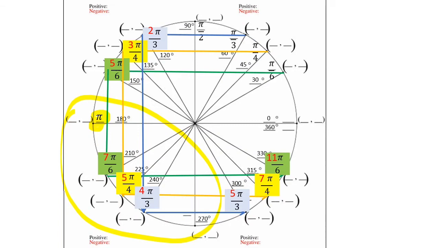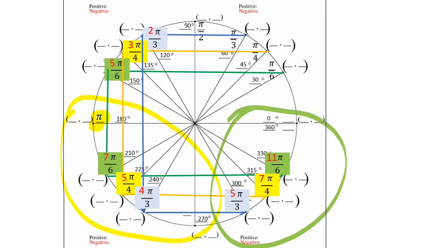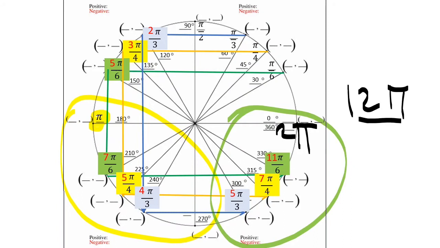In the last quadrant, in the fourth quadrant, this would be 1 less than double. Remember, a full turnaround would be 2 pi radians. So 2 pi would be the same thing as saying 12 pi over 6.